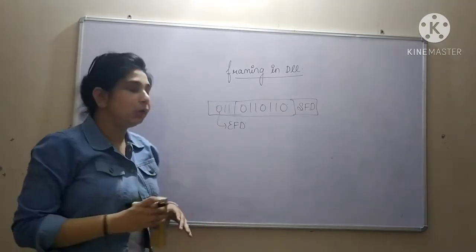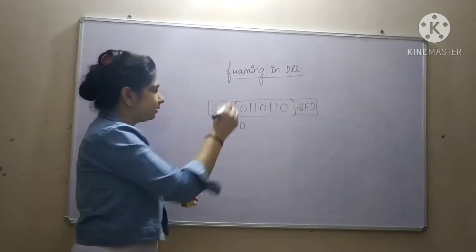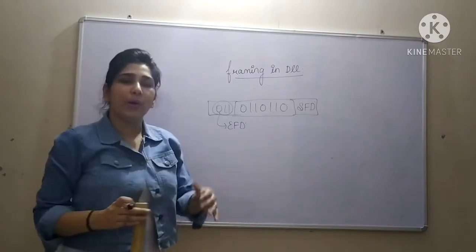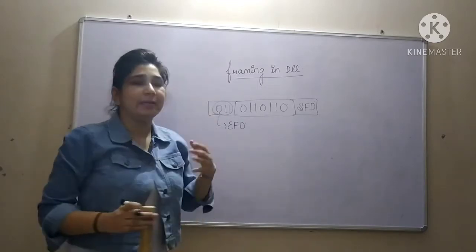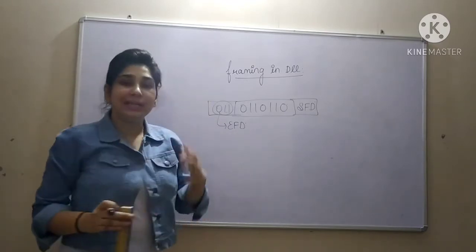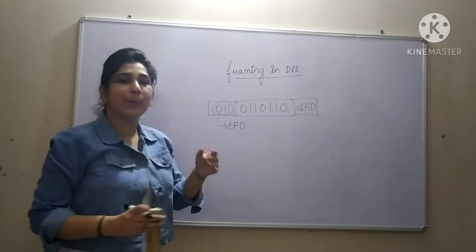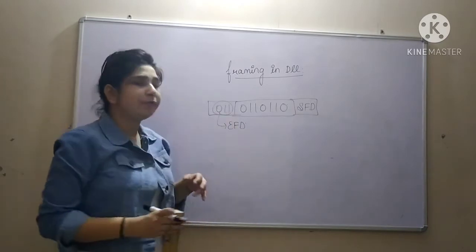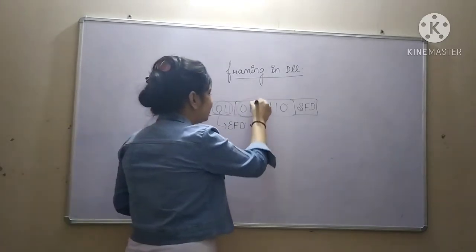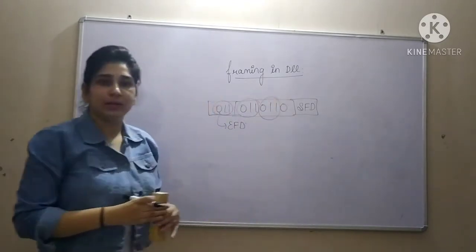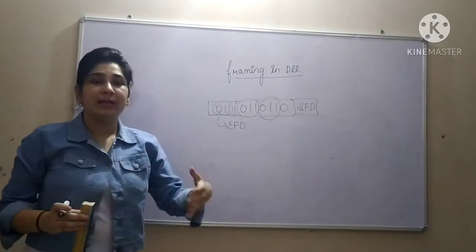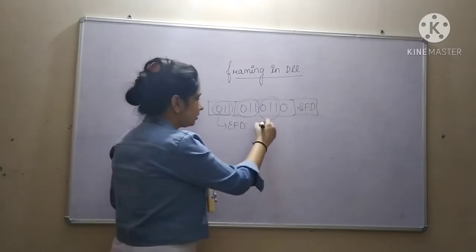If you look at 0, 1, 1 bits in the end frame delimiter, you will say that our frame is ending at this particular point. But there is also a chance that the bits you are using for your end frame delimiter might also come in the message. Look at this: 0, 1, 1, 0, 1, 1. There is a chance that end frame delimiter bits might match the message bits.